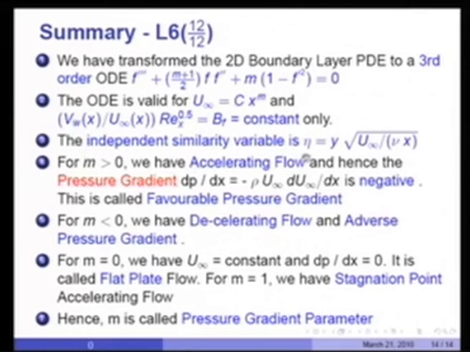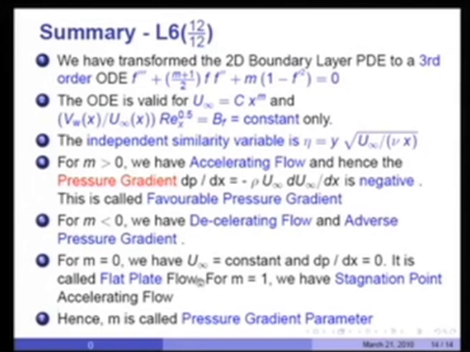The independent similarity variable is eta equal to y under root u infinity divided by nu x. For m greater than 0, because u infinity is c x raised to m, u infinity will increase with x, so we have an accelerating flow or a negative pressure gradient. Likewise, if m is less than 0, we have a decelerating flow or a positive pressure gradient, or an adverse pressure gradient.